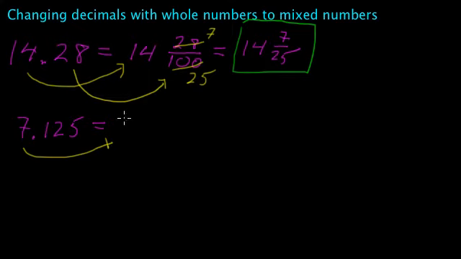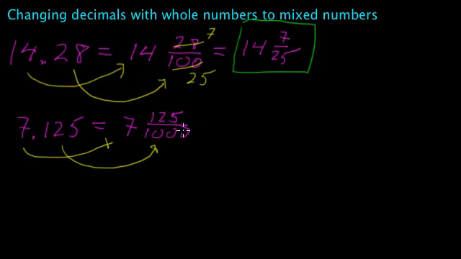Here's our 7. And now I need to turn 0.125 into a fraction. So the first step is easy. I'll take 125 itself, and that will be divided by 1,000. 3 digits up here, 3 zeros down there.